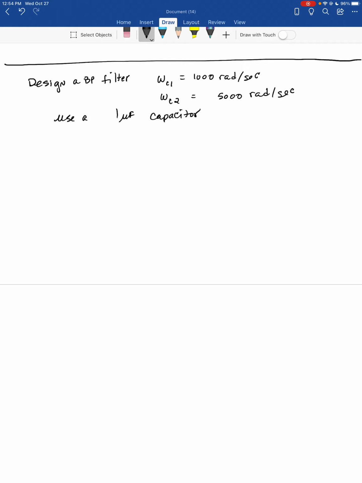Okay, so the first thing I want to do before we do anything else is review what the equations look like. We have these equations, omega C1 and omega C2, and I'll write them as a single equation: minus or plus R over 2L plus the square root of (R over 2L) squared plus 1 over LC.